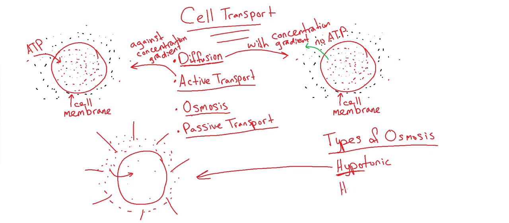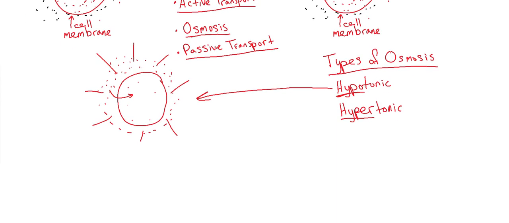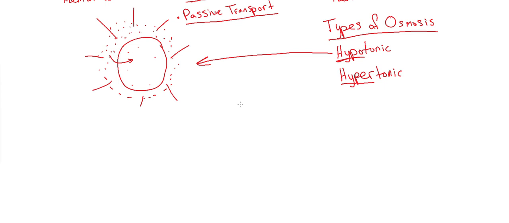The second one is hypertonic. And the prefix hyper means above. Like if you're hyperactive, you're more than active. You're extremely active. Let me tell you what hypertonic looks like.